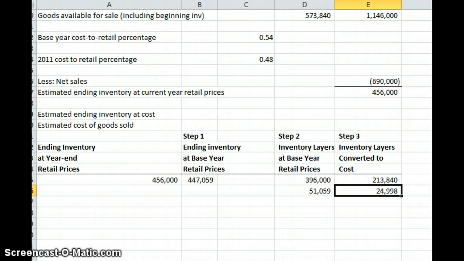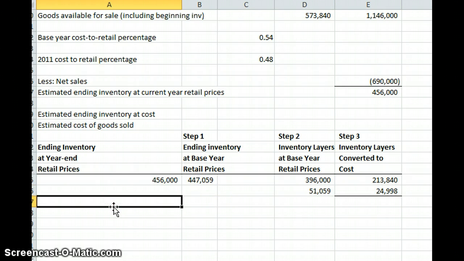So we are going to underline that, and that's going to give us our total ending inventory at dollar value LIFO retail cost. And we can do that in multiple years if need be.